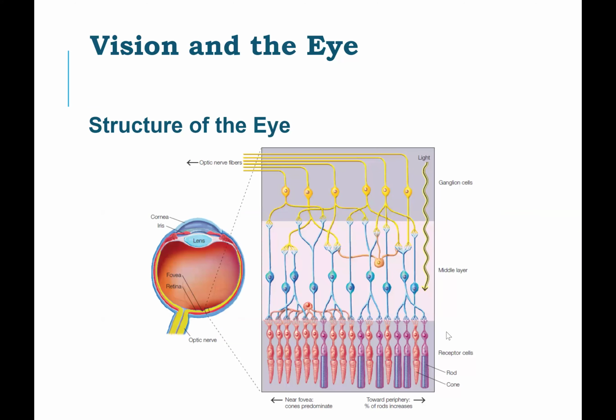So I guess it all comes from the fact that, as I was saying, photoreceptors are on this side of the retina. The light comes from this direction. And all of these layers that you see here, these are cells. Because the photoreceptors are on this side, it means that the light has to go through these cell bodies, as you see here, this is light, and it's traveling this way. It has to go through these cell bodies in order to reach the photoreceptors.